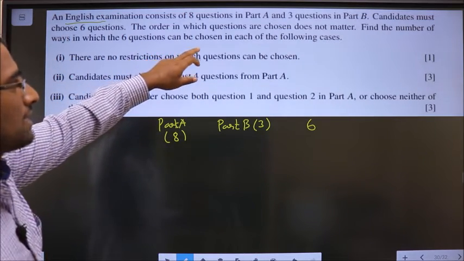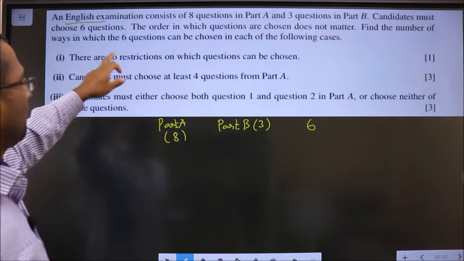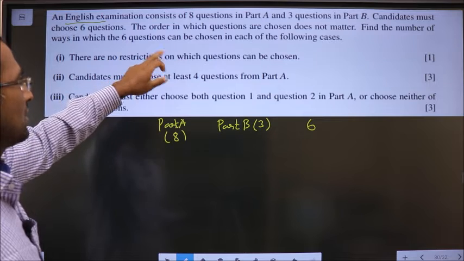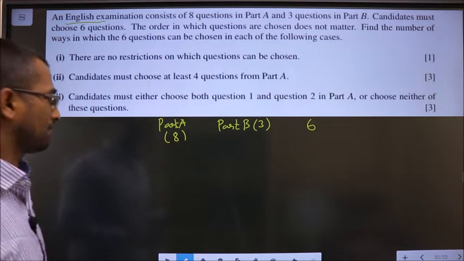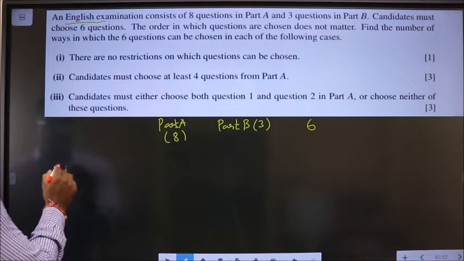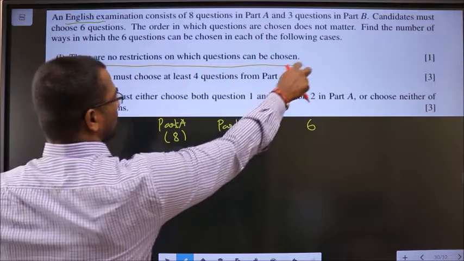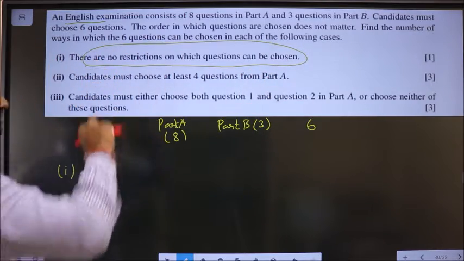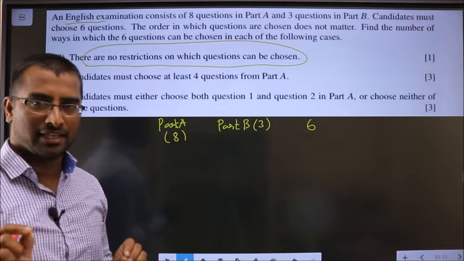The order in which questions are chosen does not matter. Find the number of ways in which 6 questions can be chosen in each of the following cases. In the first case, there is no restriction on which questions can be chosen. Whenever there is no restriction, it's very easy.